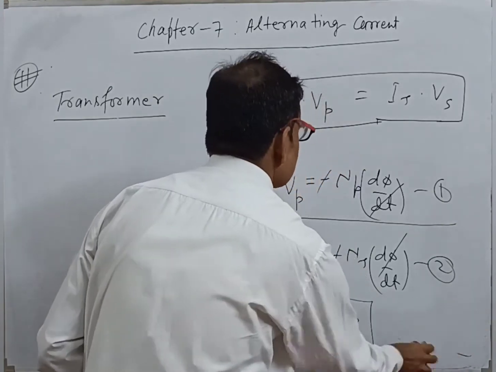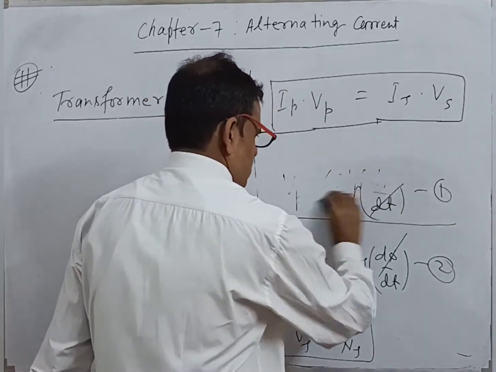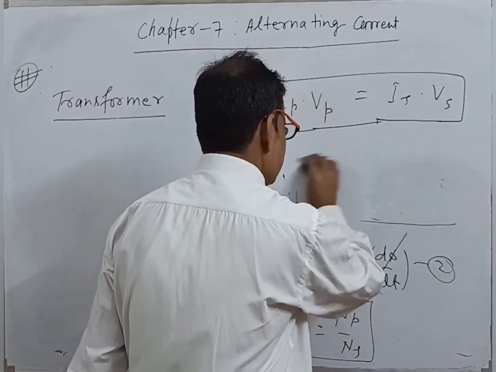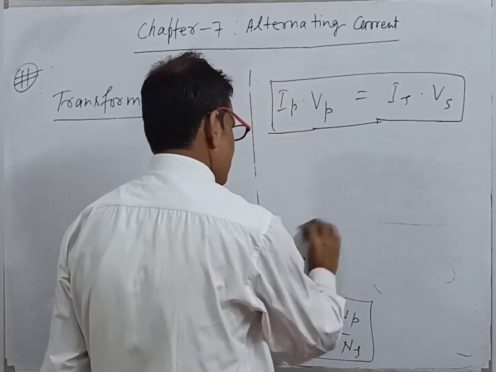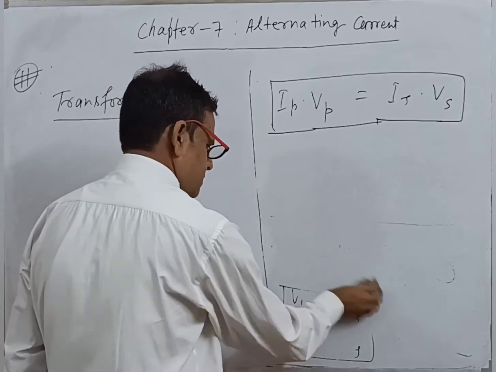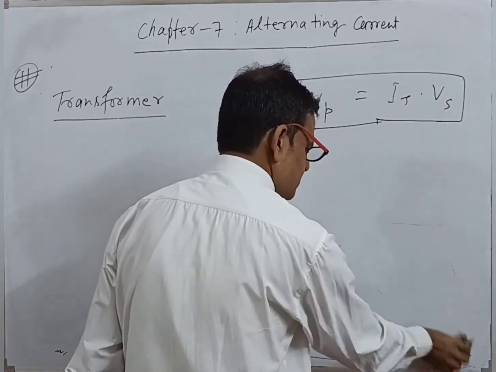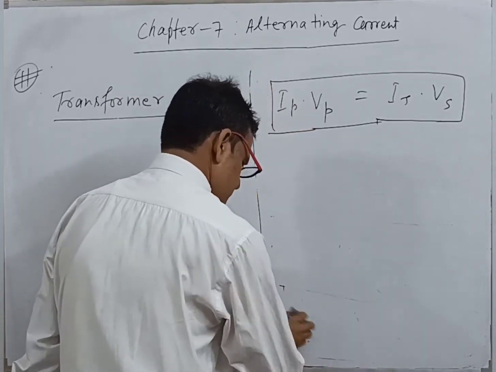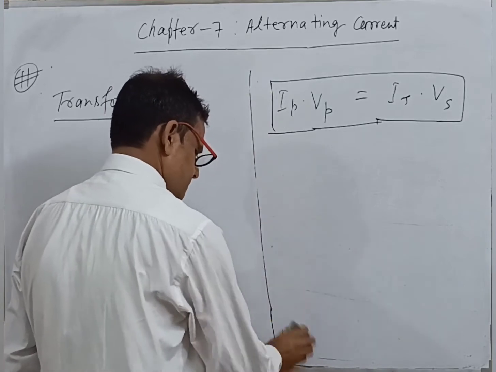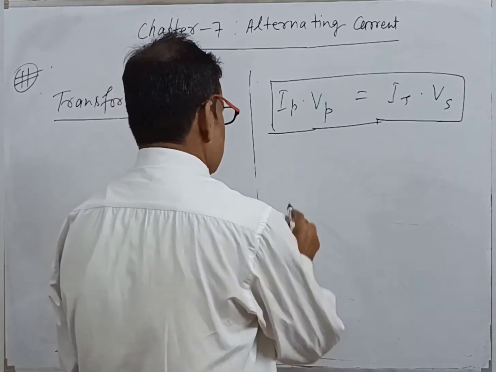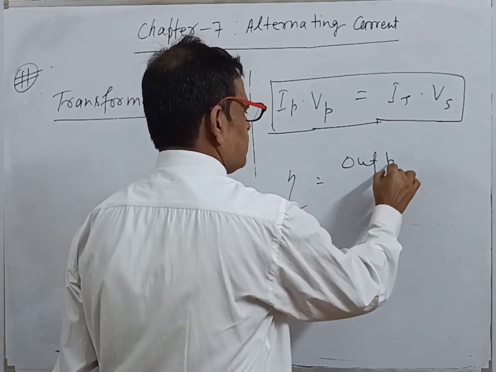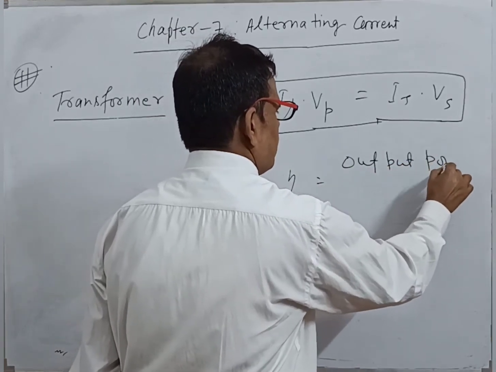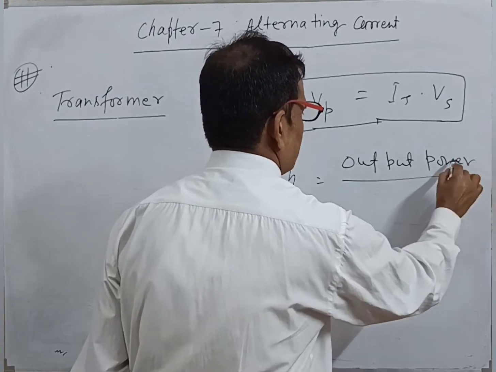Now the efficiency of the transformer. The efficiency of the transformer is represented by eta. That is, eta is equal to output power by input power.